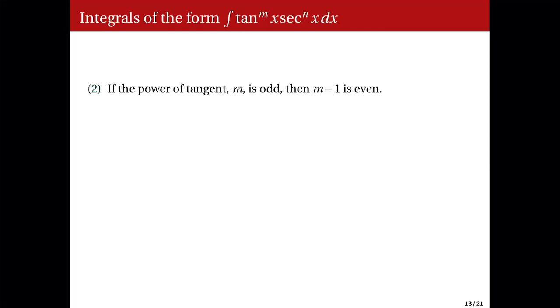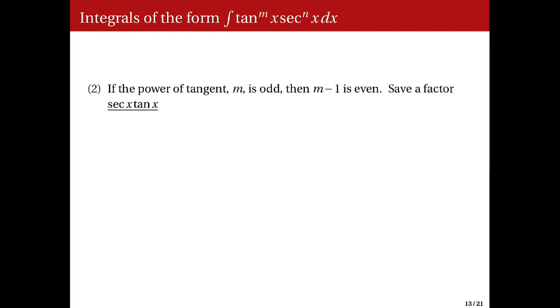So in the case where the power of tangent is odd and there is also a secant, what you're going to do is to extract one tangent and one secant. After the extraction of tangent, you will have an even power for tangent.